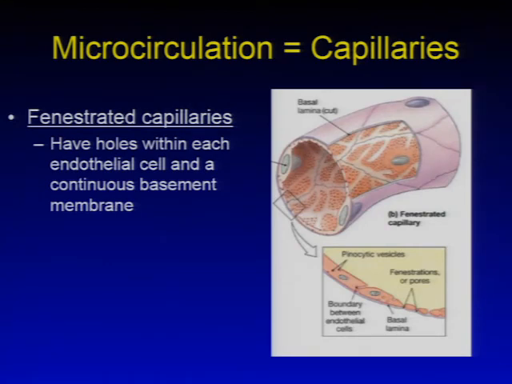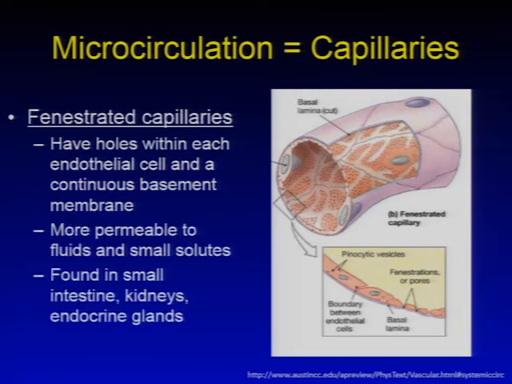The second type of capillary, the fenestrated capillaries, have larger holes within each of the endothelial cells, as well as a continuous basement membrane. But these larger holes allow these capillaries to be more permeable to fluids and small solutes. And we see this type of capillary in organs such as the intestines, kidneys, and endocrine glands, where we expect to see larger fluid shifts.